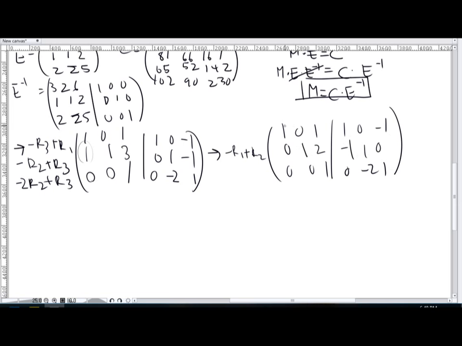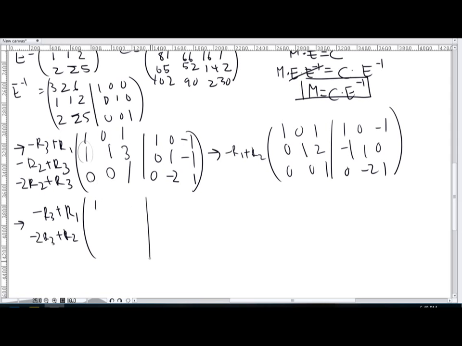And then we have our diagonal, and now all we have to do is zero out this part. We could do that by negating R3 and adding it to R1 for the first row, and then multiplying -2 to R3 and adding it to R2 for the second row.